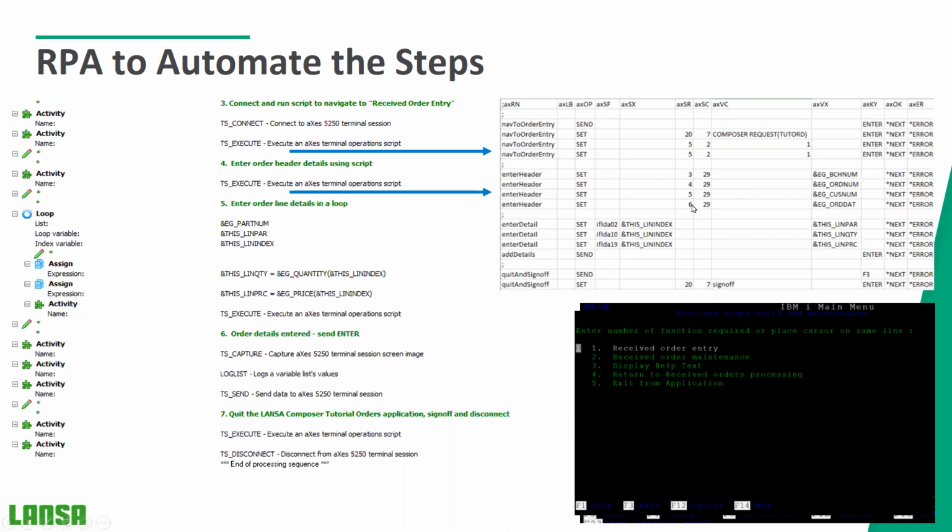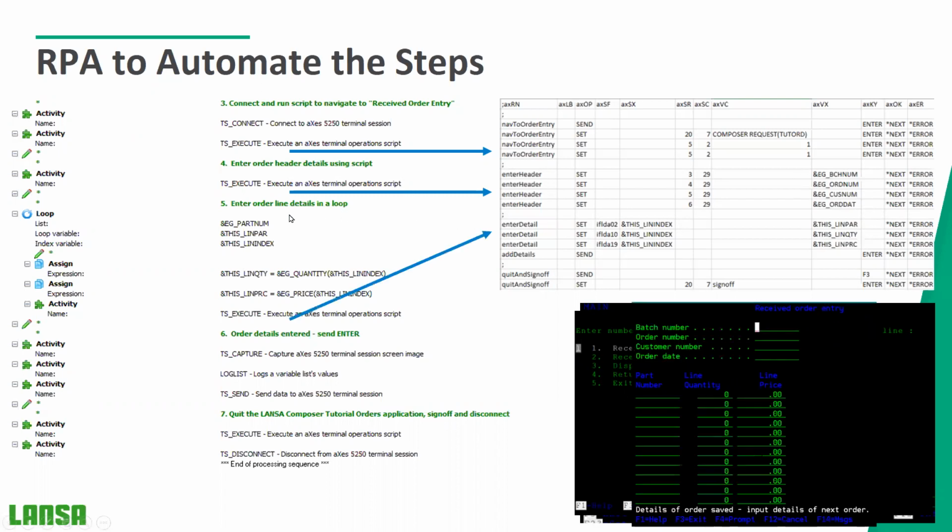Line 3, line 4, line 5, line 6, that's where they are on the screen. And these are the values that have been passed in. If these came in through an email, I'm using our technology to read that email and extract those parts of the email format to map to those fields. All right, and notice there's no enter. So I'm setting those fields on the header.